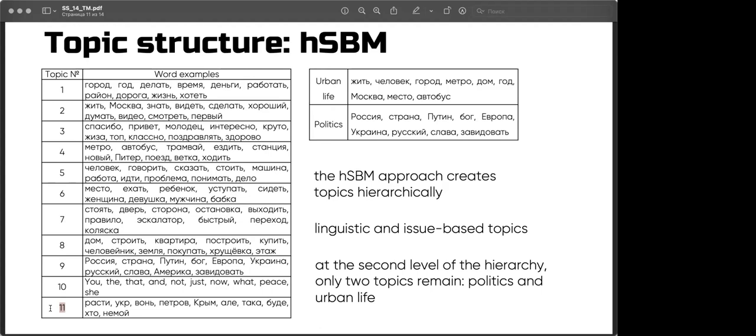Other than that, we see also very different topics, because on the one hand, we have topics that are clearly related to some ideas. For example, there is a very politicized topic speaking about Russia, Europe, Ukraine, America, jealousy, Putin, etc. On the other hand, we have more urban themes, aligned with different aspects of urban life.